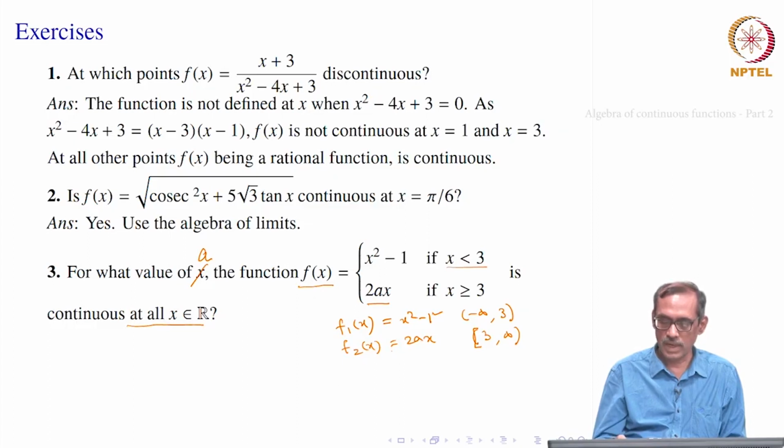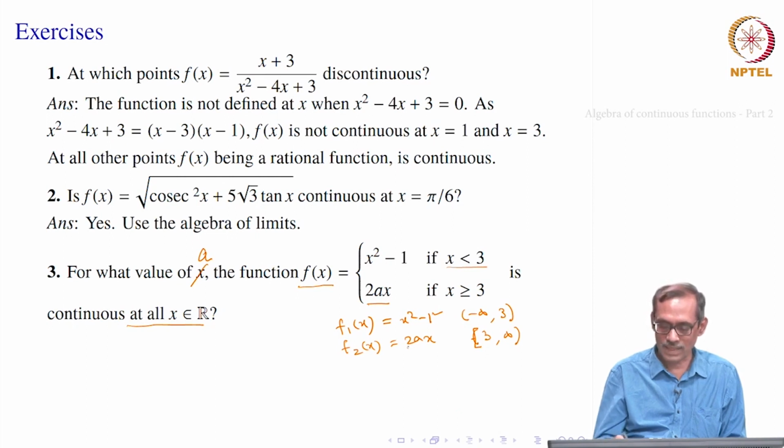If a is any real number, f2(x) is also continuous, because it is the identity function multiplied by a constant. So, if you join them together this way, as we have done in our theorem 2, this will also be continuous. But the only thing is, there is a point, the end point 3, which is an end point of both the intervals.